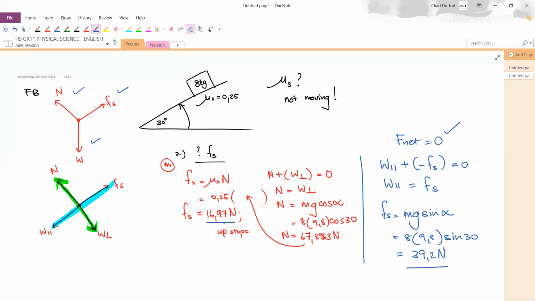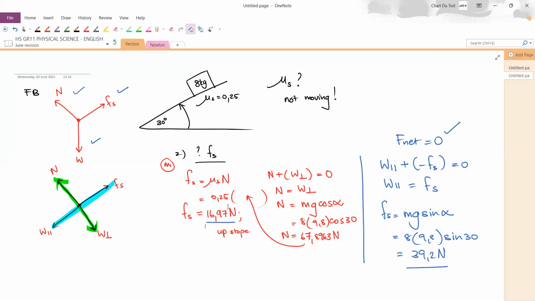Doesn't that mean that N is equal to negative weight parallel? No, weight perpendicular. Weight can't be negative. Oh yes, I mean. So to make sure we've typed in that 8 times 9.8 times cos 30. We've done that right. That's the normal force, yes. And then we multiply it with 0.25, which gives 16.97.